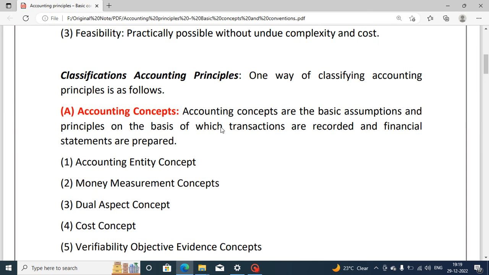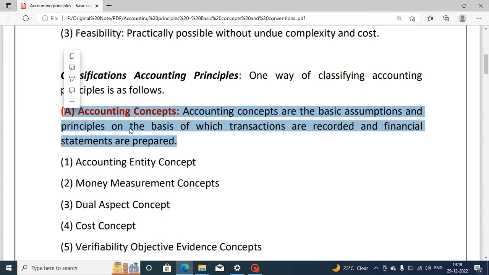First is accounting concepts. Accounting concepts are nothing but basic assumptions and principles on the basis of which transactions are recorded and financial statements are prepared. What are the concepts?